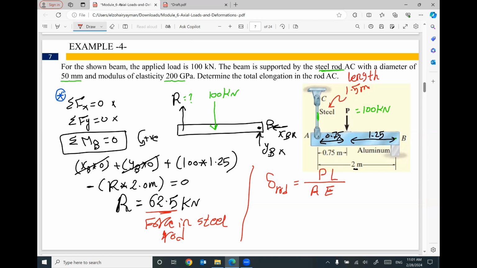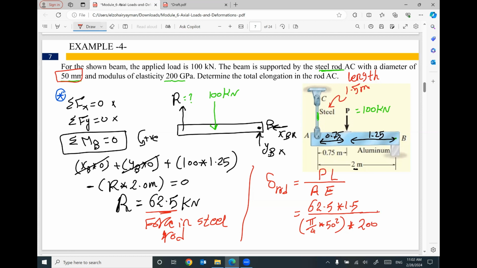The length should be given. So the applied force, or the tension force, or the axial force in the steel rod AC equals 62.5. The length of this steel rod equals 1.5 meter. The cross-section area of this rod is pi divided by 4 times diameter 50 millimeter squared. The Young's modulus equals 200 gigapascal.